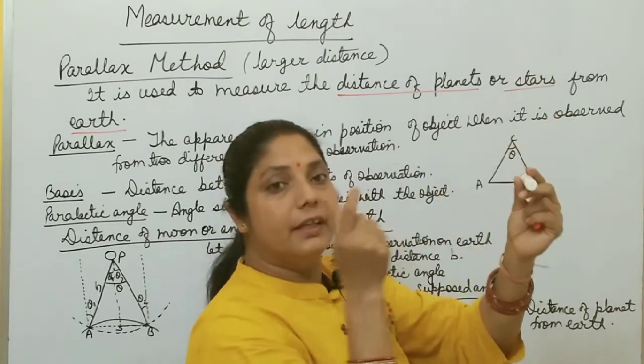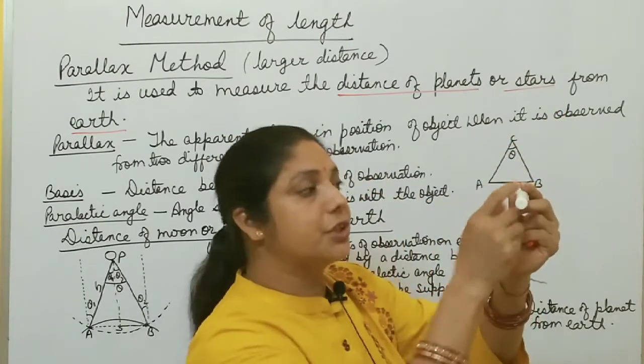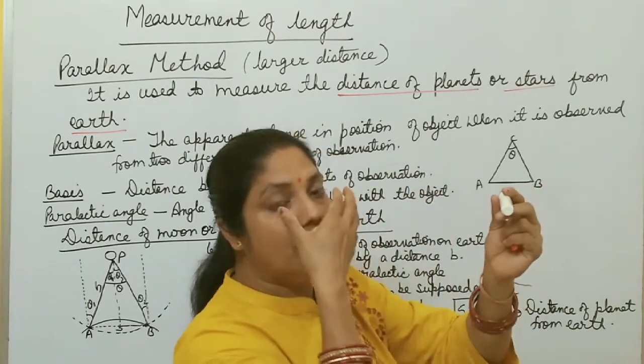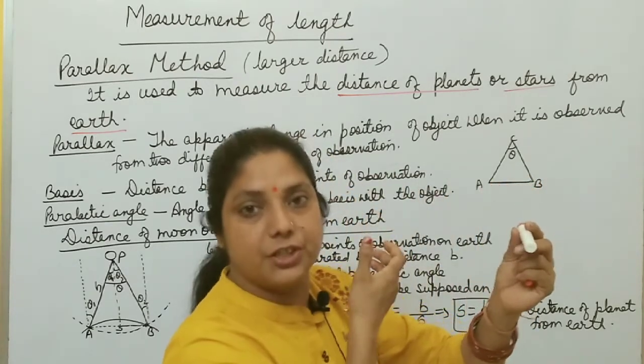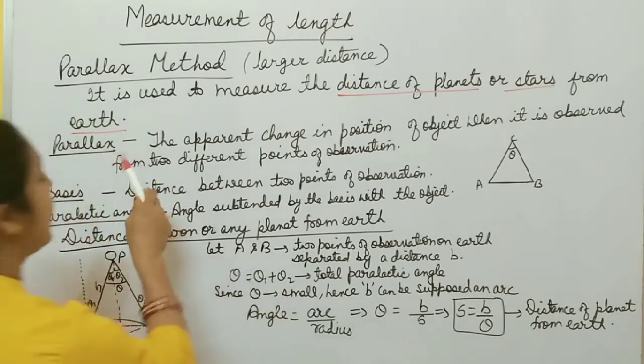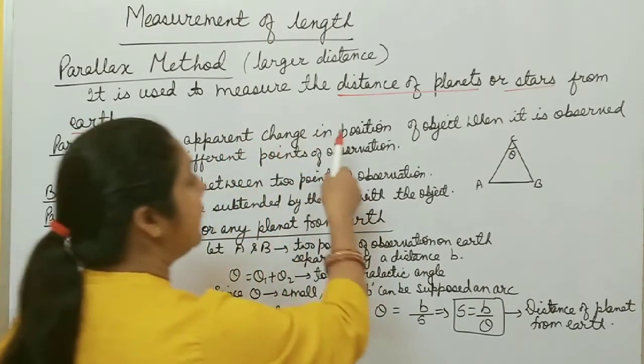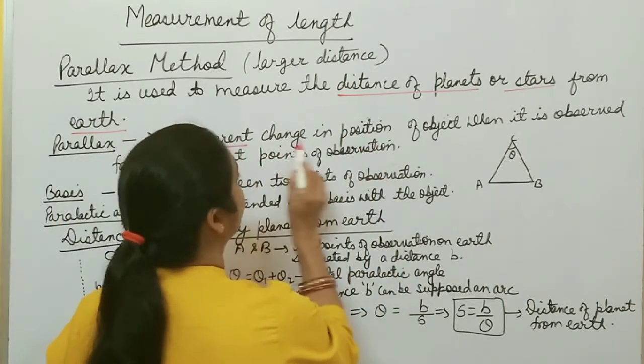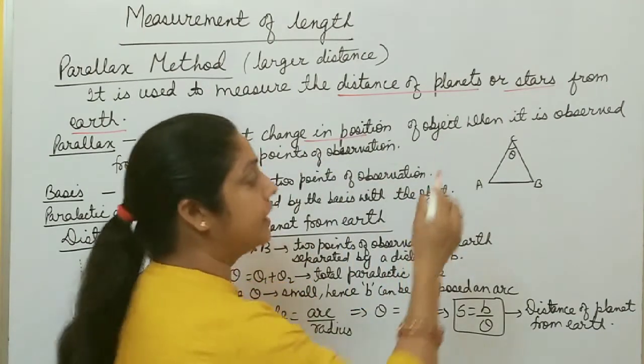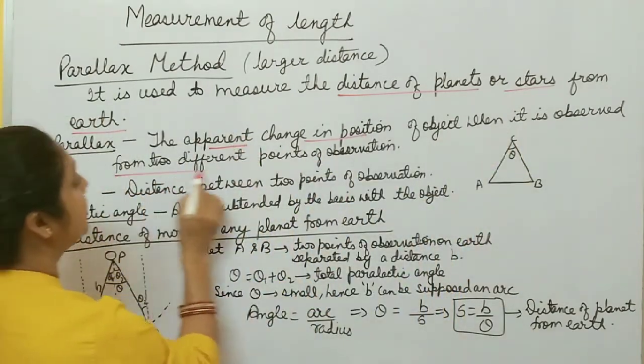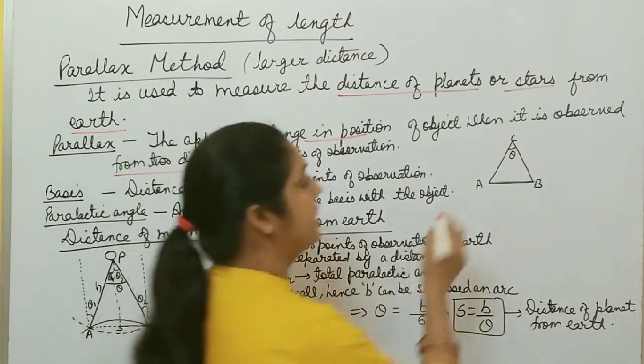It means there is an apparent change in position of the object when you observe from two different positions. So parallax is nothing but the apparent change in position of an object when it is observed from two different points of observation.